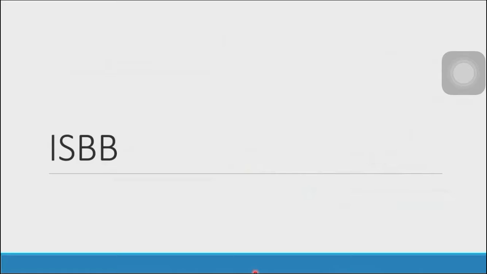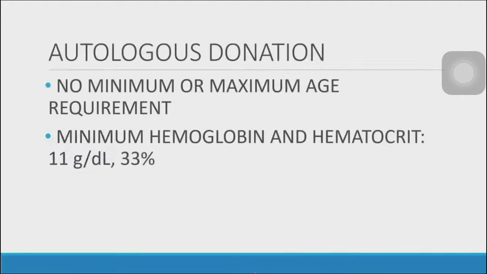Next, we have ISBB. So first, we're going to talk about autologous donation. Autologous donation, just from the name, it is a donation where the recipient is yourself. So ang requirement for autologous donation is di siya masyadong strict.